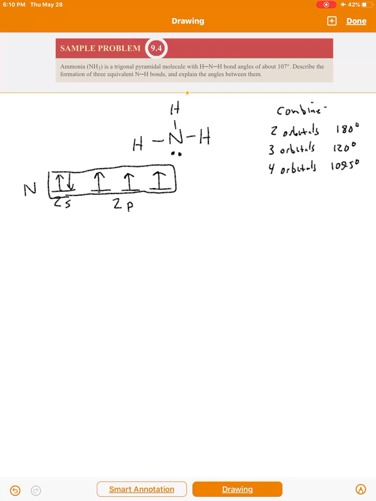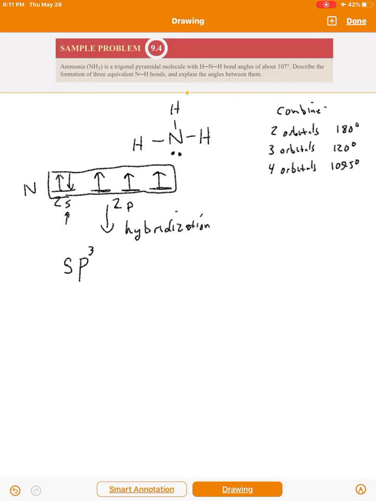So the mixing, or hybridization: when we mix these 4 orbitals together, you name the first one, which is an s. Don't worry about whether it's a 2s or 3s or 4s. We just call it s. And then the next type of orbital that's being added is the p, and then you count how many there are. There's 1, 2, 3. So 3 there. That's the notation of hybridization.